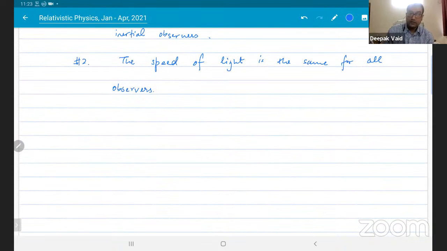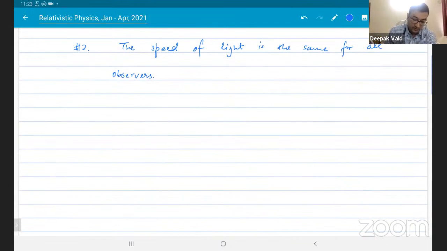So as a consequence of these two requirements, if you want to ask how do coordinates transform from one frame of reference to another frame, you have to use the Lorentz transformation. So the Lorentz transformation is the following.